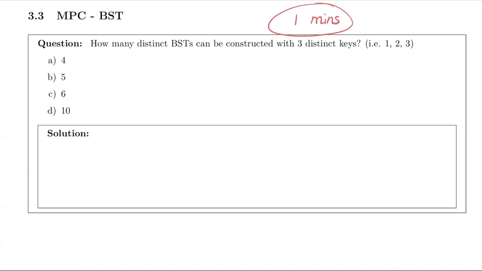Okay, I'll close the poll right now. If the number is small, we could just try it out and count how many possible trees we could create. Let's decide the root first. In the first situation, 1 is the root.